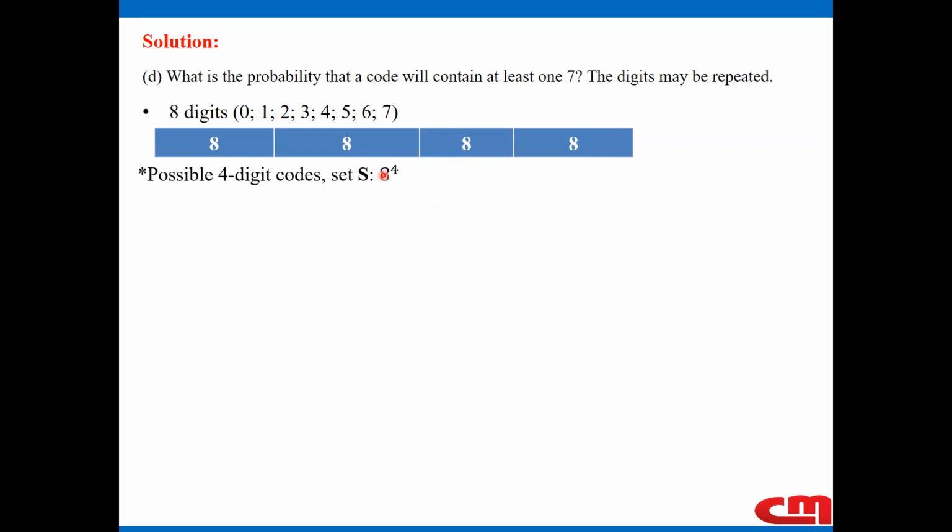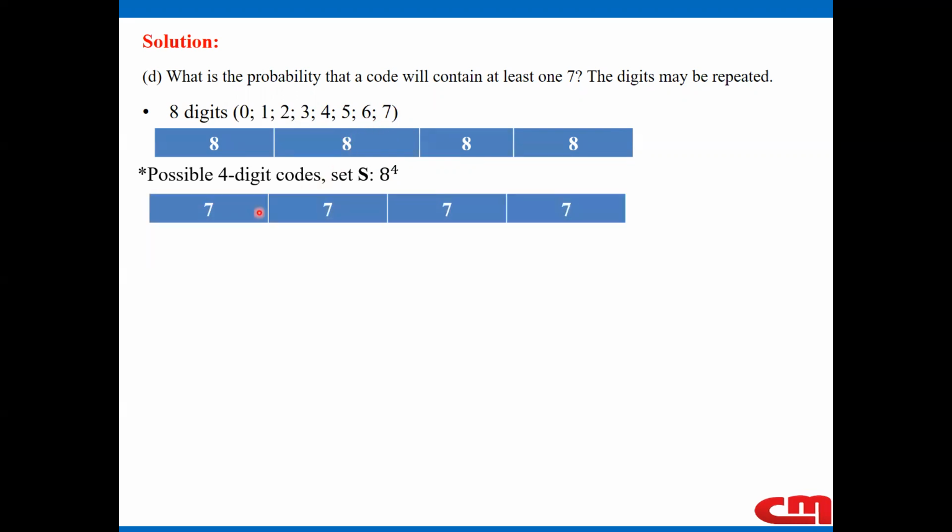So the next thing is I'm going to remove the 7 aside, then come up with 4 digit codes using the digits 0 to 6 only, right? So this is the situation. There are now 7 digits. 7, I've put it aside. So first position, I'm still obeying the issue that the digits may be repeated.